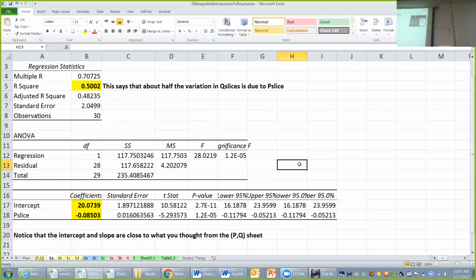If this T statistic was less than 2, then we'd say it does not pass the test. This is equivalent to 0. I don't have enough credibility with the number that it's different from 0. And then we'd say, sorry, price of slices and quantity of slices, they're unrelated to each other. The computer's going to always crank out a number, but the significance of that number may not be there. And so that's called the Tstat.